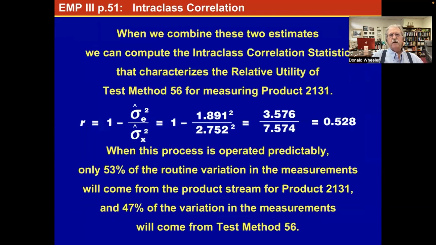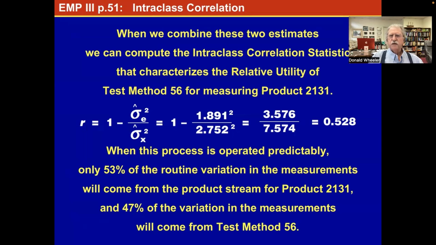When we combine these two estimates, we can compute the intra-class correlation statistic that characterizes the relative utility of using test method 56 for measuring product 2131. 1 minus sigma E hat squared over sigma X hat squared gives us 0.528.